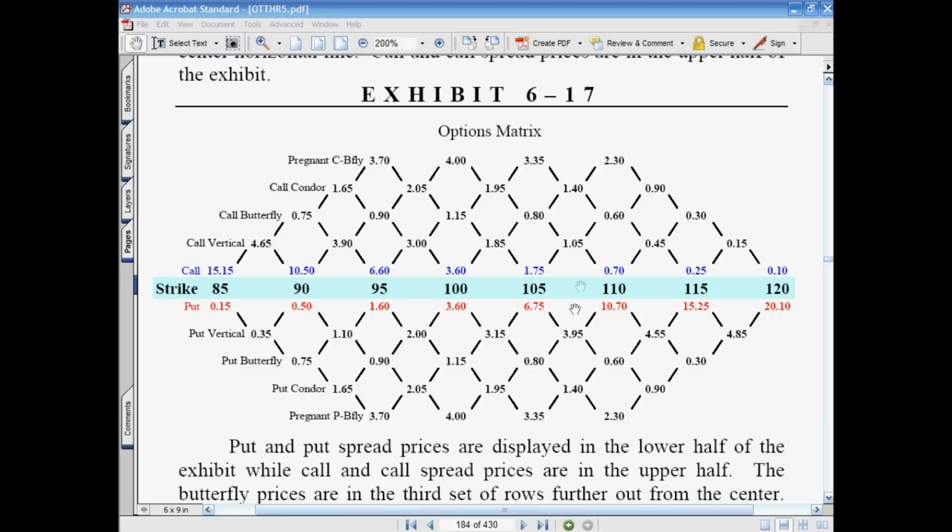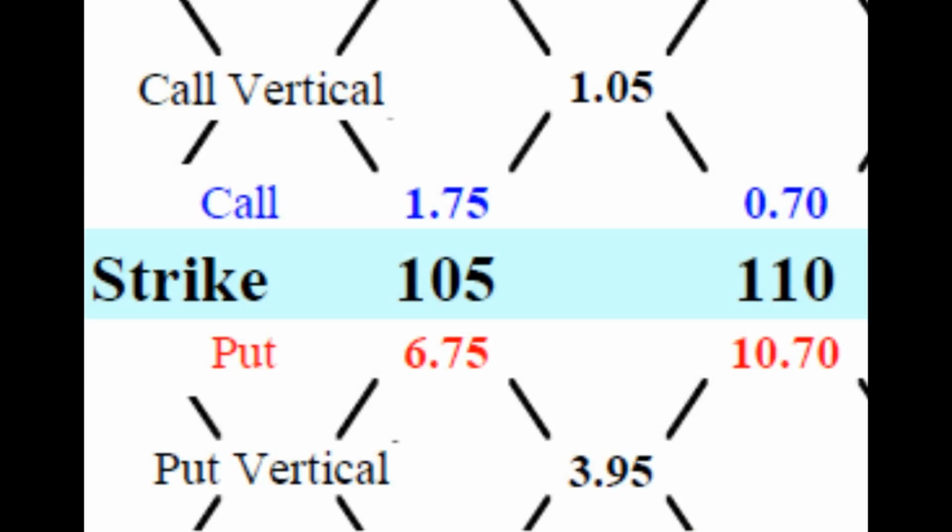So here's the question I'm going to put to you. The stock is at, let's say, 100. And I'm going to buy from you the 105, 110 put spread. It's going for 395. So let's say you're short it at 395.